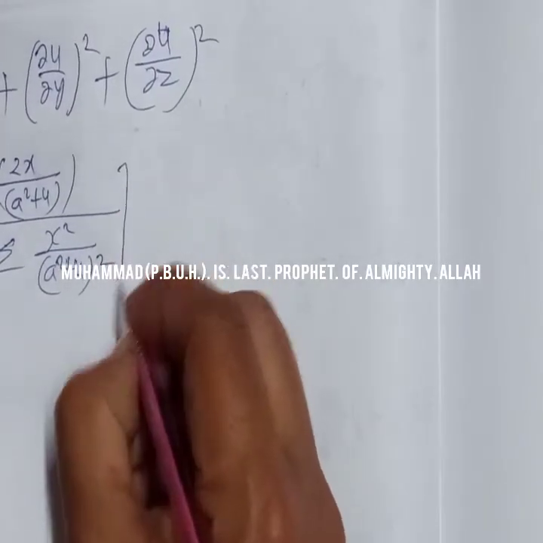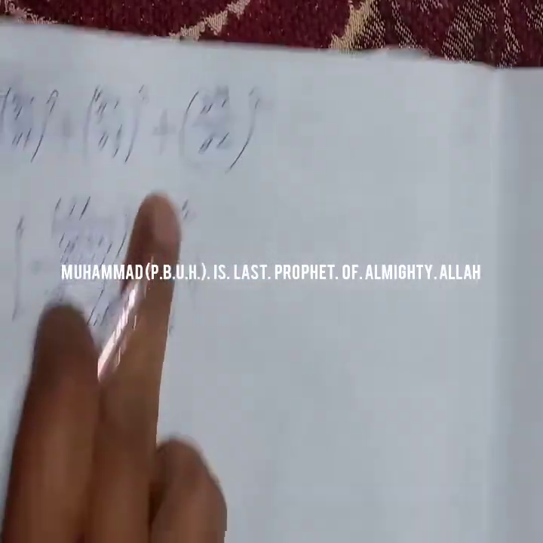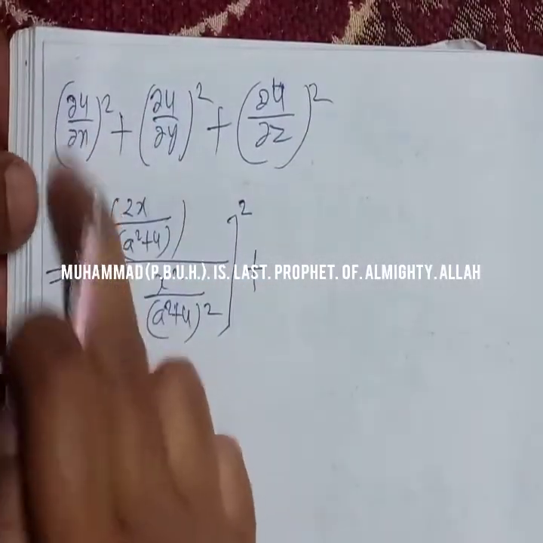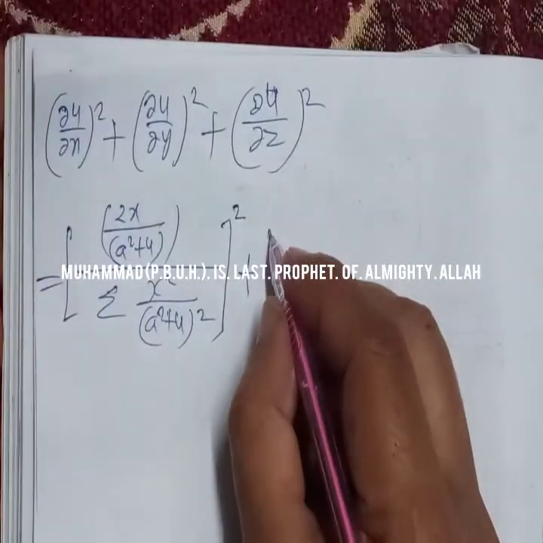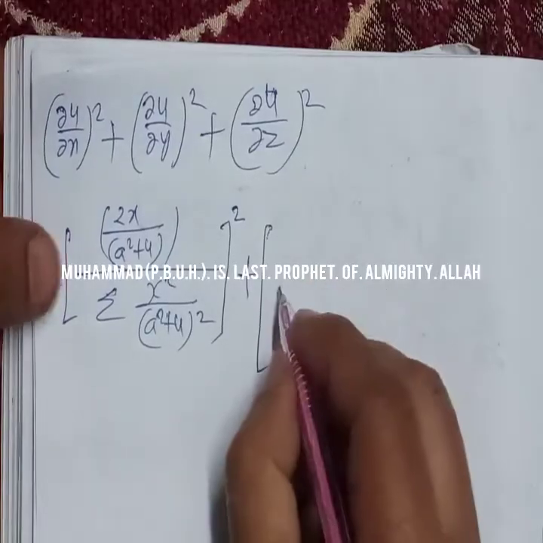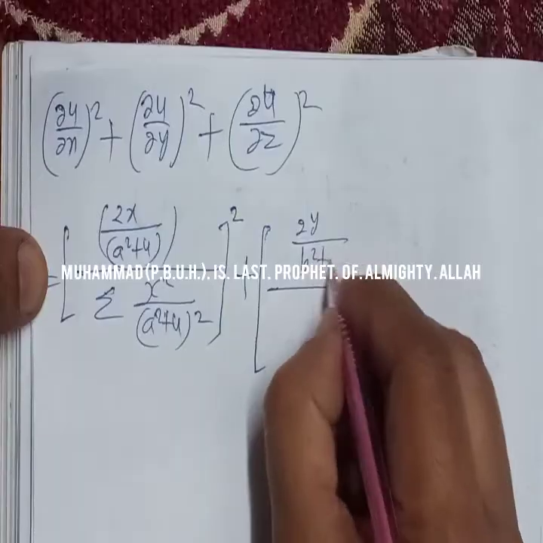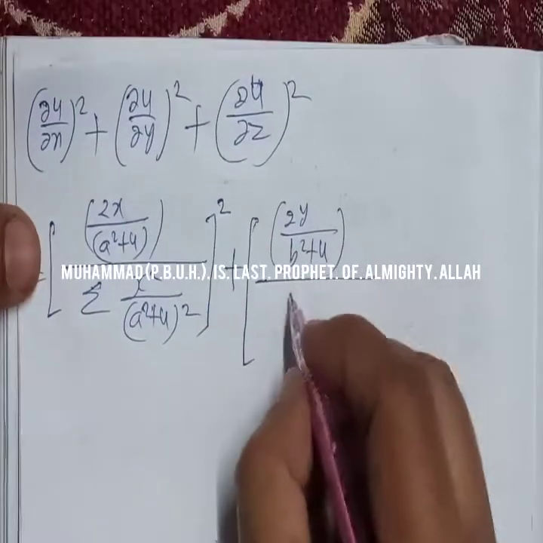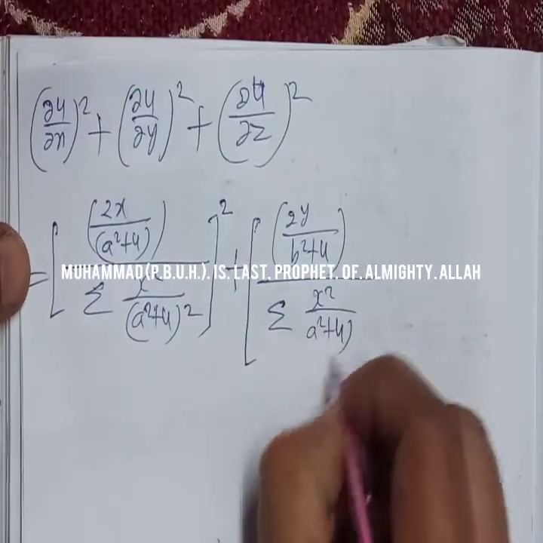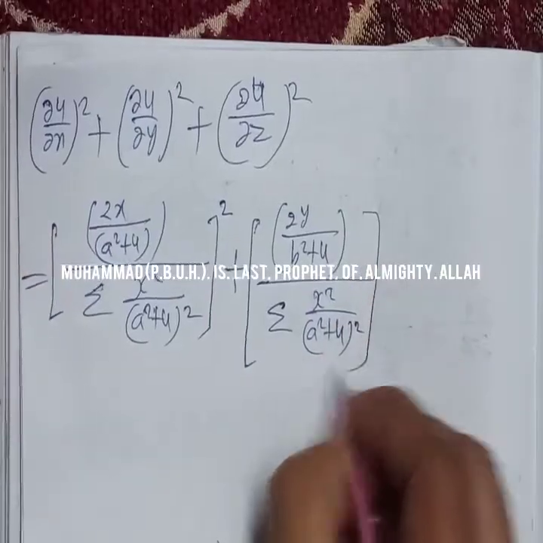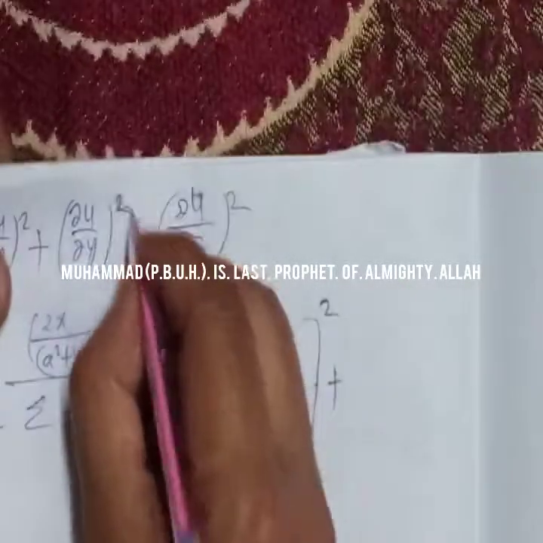Now write this value also from previous calculation, and also write this value, which is 2y upon b square plus u, and the denominator is the same, sigma x square upon a square plus u whole of square, plus, because it is 2 whole of square.